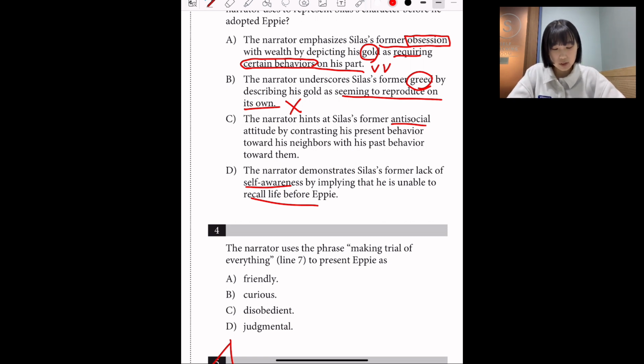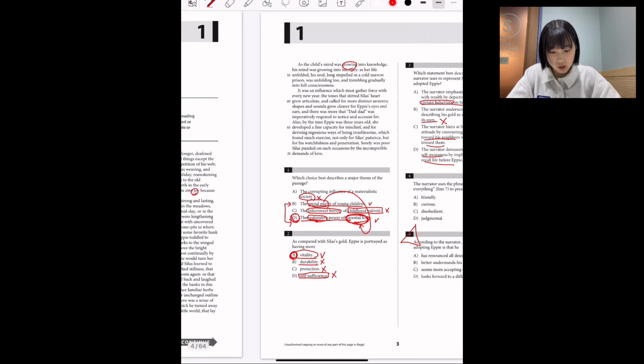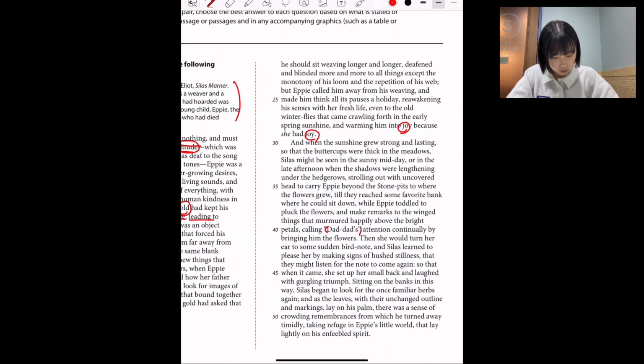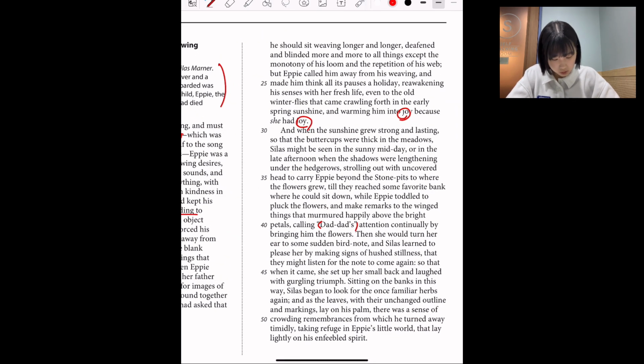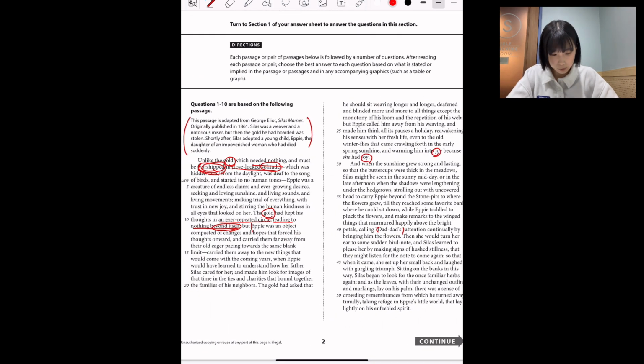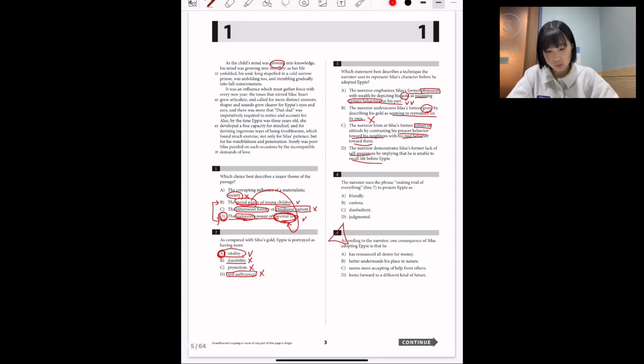And C, the narrator hints at Silas's former antisocial attitude, contrasting his present behavior towards his neighbors with his past behavior towards them. I don't think it talks a lot about how he treated the neighbors, both before Epi and after Epi.